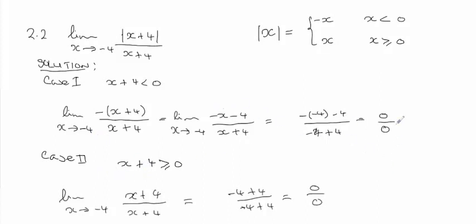For example, somebody just writes 2.2 and says the answer is 4 without showing any working. That is not acceptable in mathematics. Please develop your solutions step by step and show all the essential steps so that you don't lose marks.